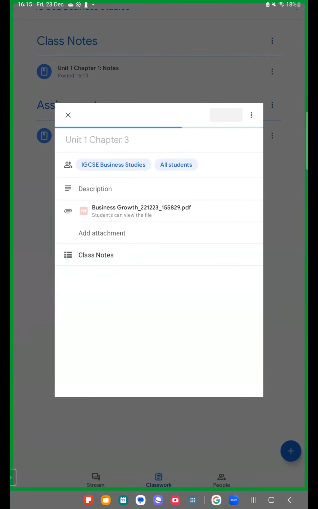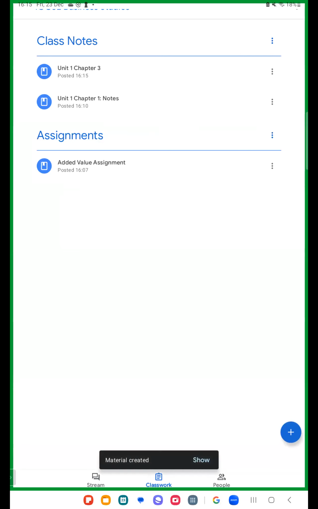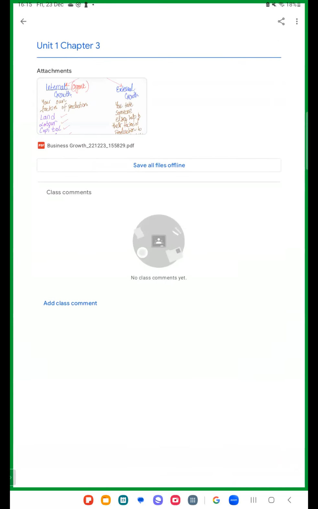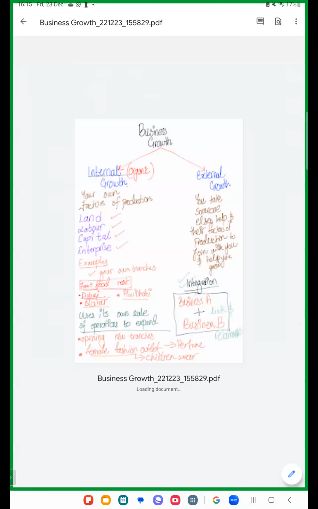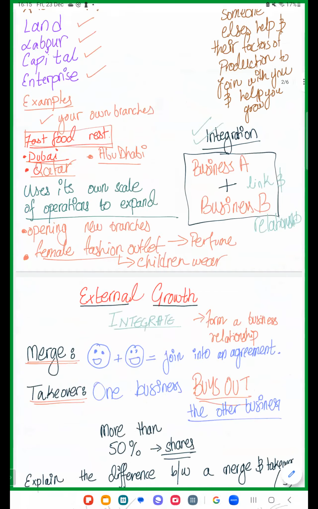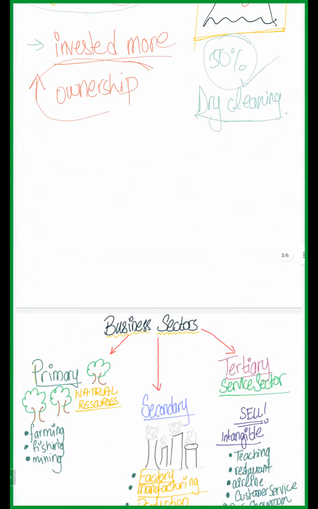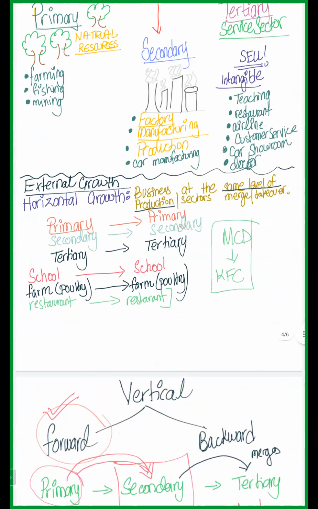Whenever you have a quiz and you have to revise, you simply go to the classwork section, go to the class notes, click on the notes, and here are all your notes. Everything that we did in class today is all over here. You can have a quick revision of everything before the quiz.